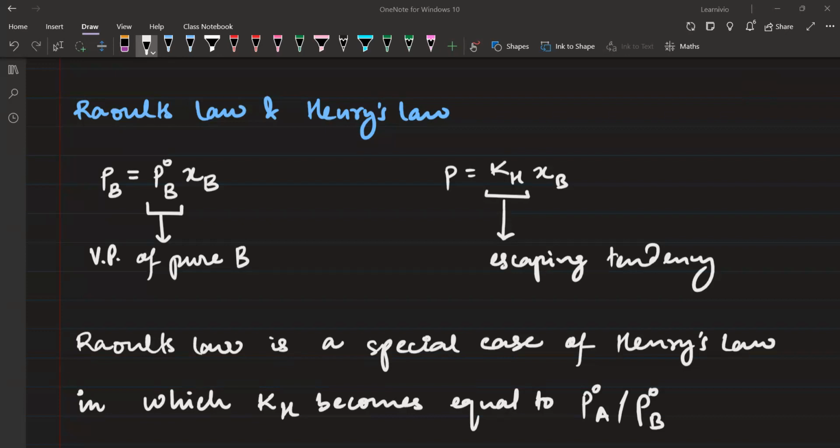What is the main part here? The KH is very much relative to, or we can say very similar to, the P naught B part. Please copy this down.